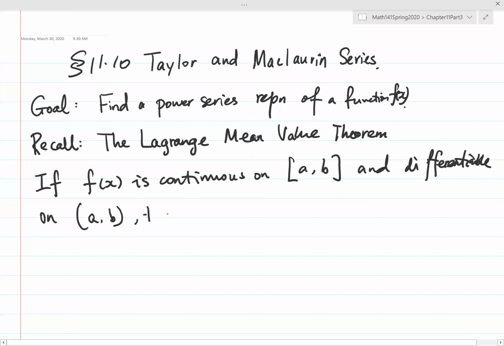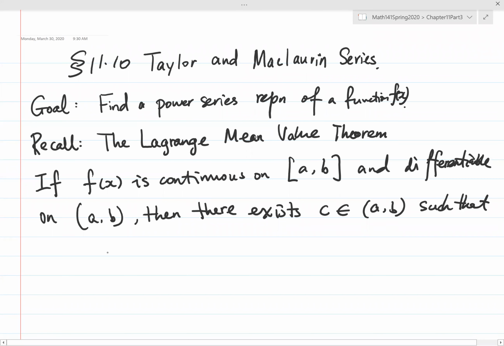Then there exists a number c in (a, b) such that f(b) minus f(a) equals f'(c) times (b minus a).